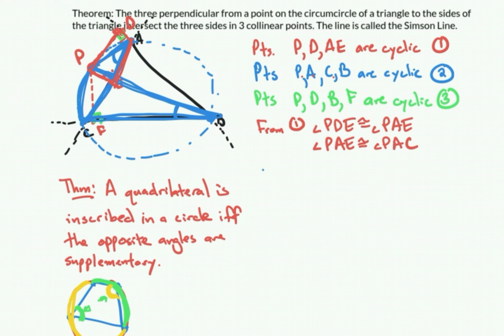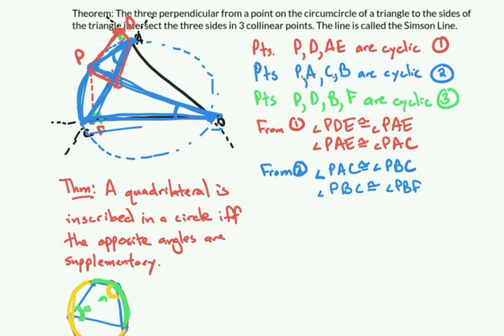From the second one, the one we drew on here, we have that angle PAC is congruent to angle PBC, that is what we just said a second ago, and also angle PBC is congruent to angle PBF.